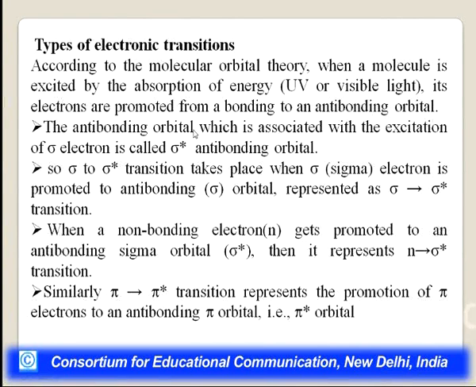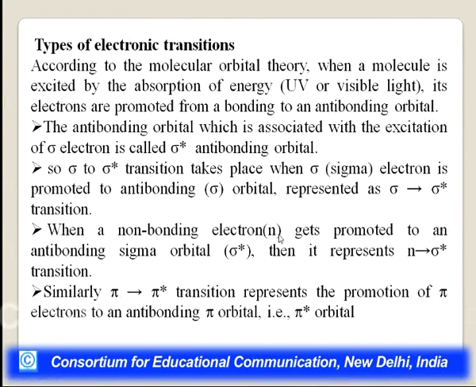The anti-bonding orbital which is associated with the excitation of a sigma electron is called the sigma star anti-bonding orbital. So a sigma to sigma star transition takes place when sigma electrons get promoted from bonding to anti-bonding, or we can say from the ground state to the excited state. It is represented this way: sigma arrow sigma star transition.